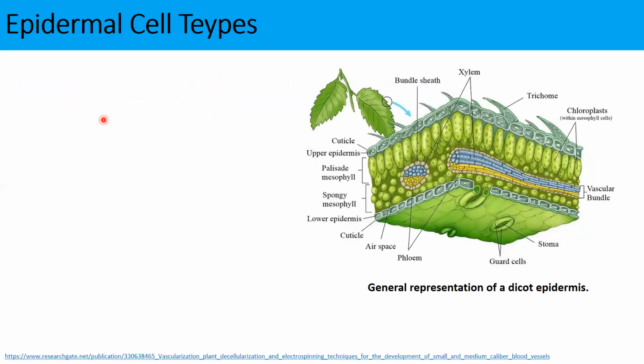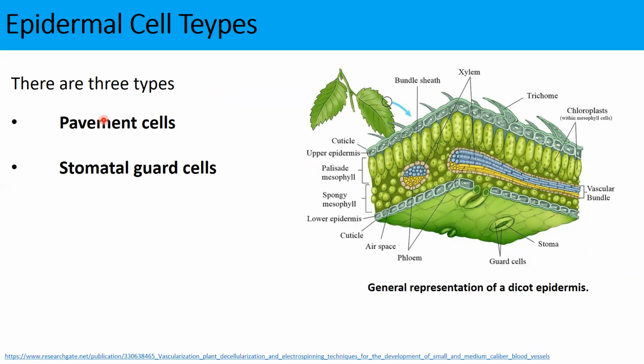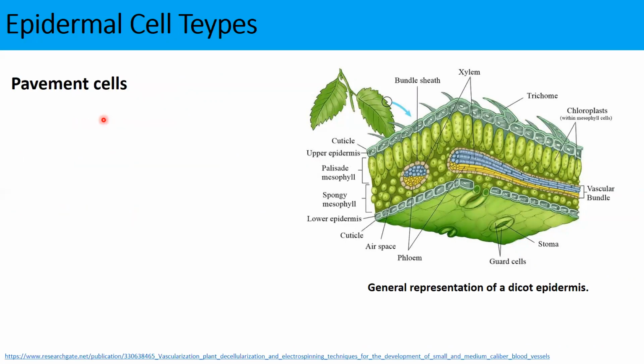So there are three different types of epidermal cells. I mean, there are other types as well, but three are the major types, which include pavement cells, stomatal guard cells, and trichomes. So let's discuss pavement cells.